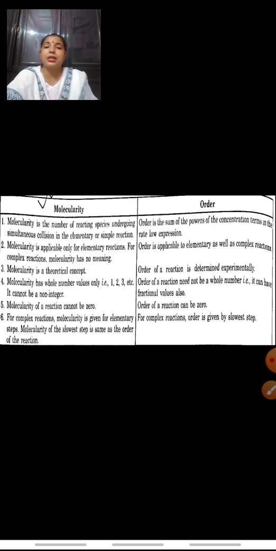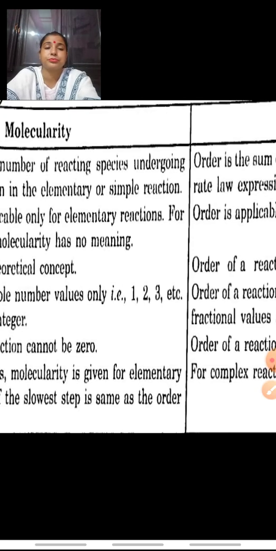Though the reaction takes place in many steps, for this step the molecularity is 1 because only one reactant is there. So molecularity is 1. Now we have to study the difference between the order of a reaction and molecularity of the reaction.